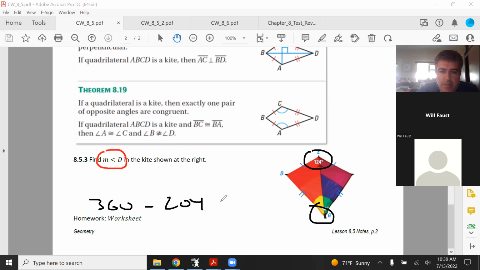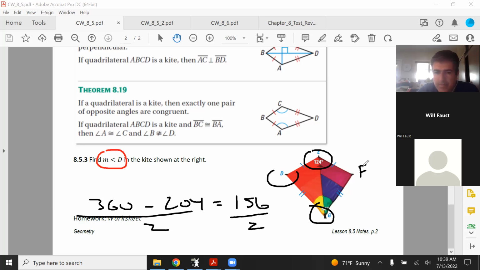So if you do 360 minus that, you should get 156. And you divide by 2, because it's split equally between angle D and this other angle here, called F. So you get 78 degrees. That's 78 degrees, and that is also 78 degrees.